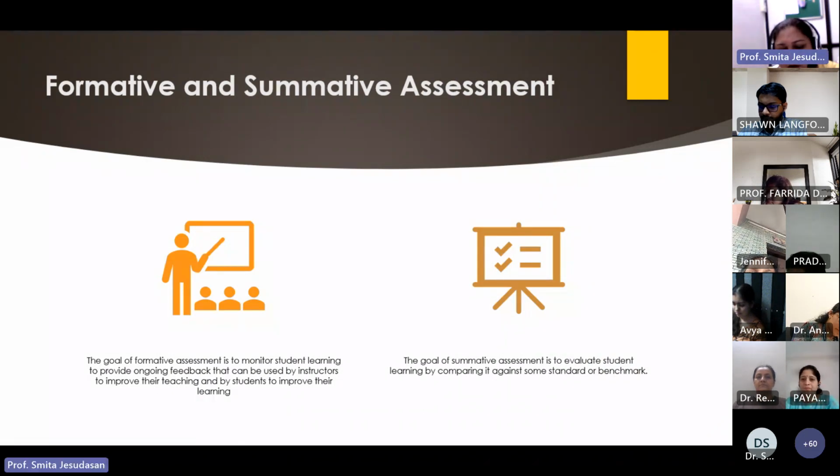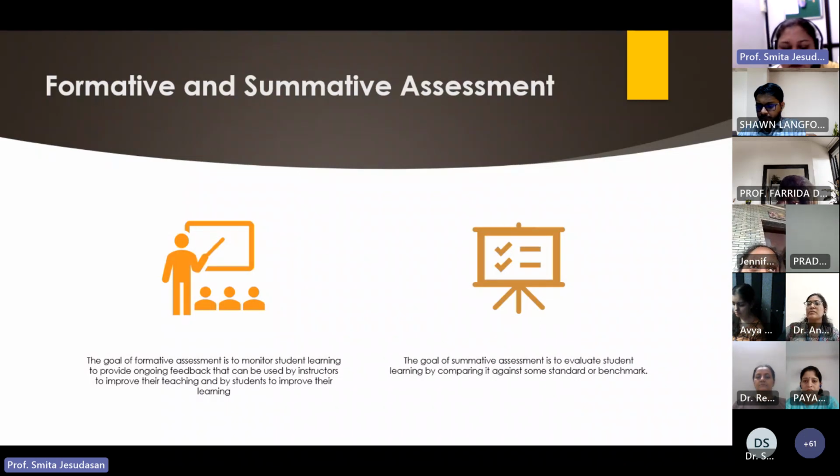And when we come to summative assessment, it is for evaluation and we compare it against some standard, either in terms of percentages or in terms of a 10-point grading scale or a 7-point grading scale. So this is about formative assessment and summative assessment. Both are very important.